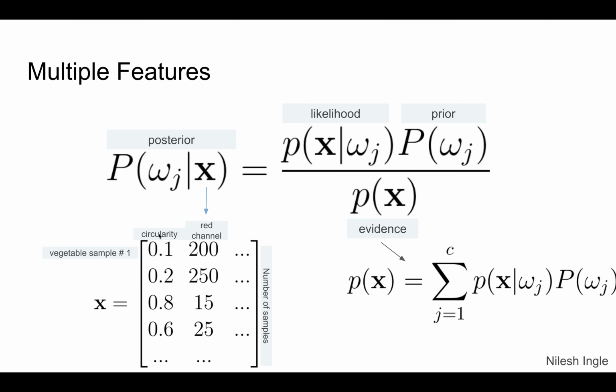So we have circularity, red channel values, and so on for the features. If you are in a food processing plant, you could create, let's say, 50 features and collect maybe 100 samples. So you'll have a 100 by 50 matrix that would be input to the model.